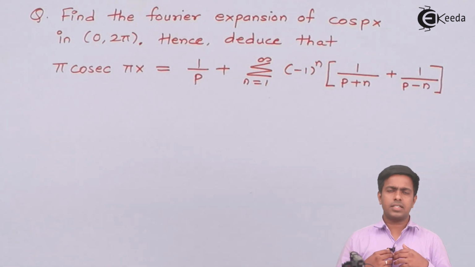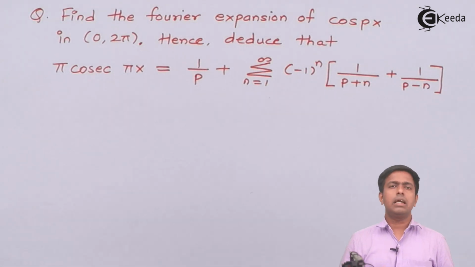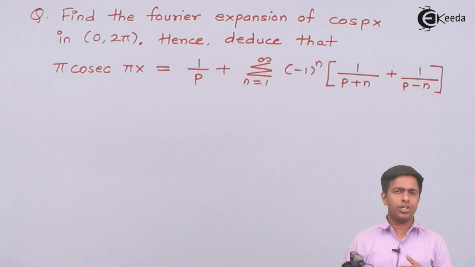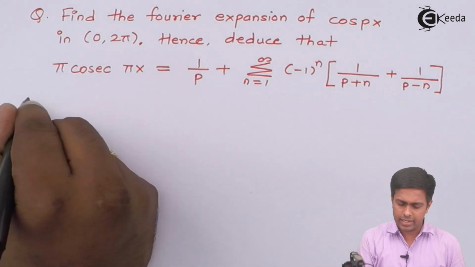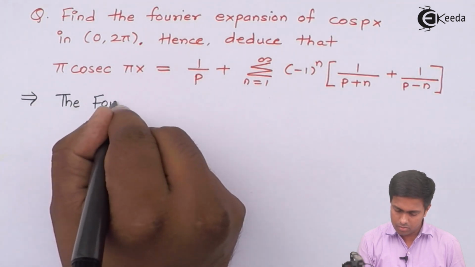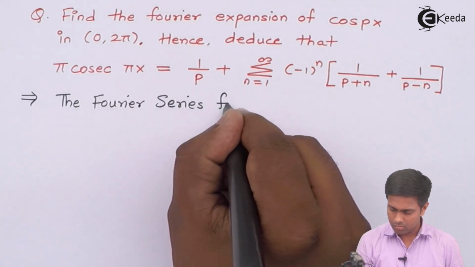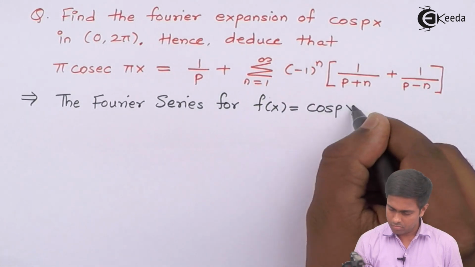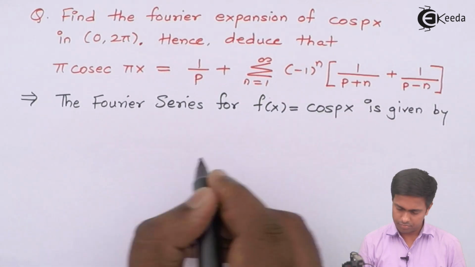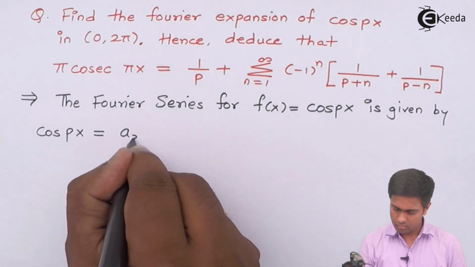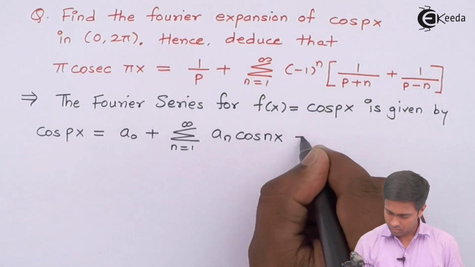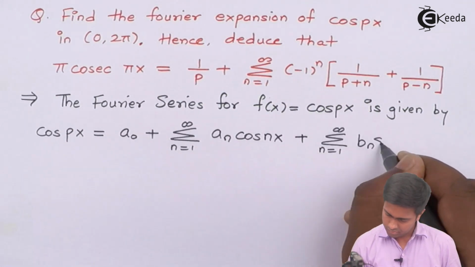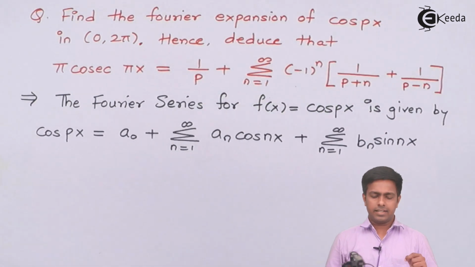Fourier series for any periodic function in 0 comma 2 pi in this interval is given by one formula, and I've already explained that formula in the previous video. So let's write down that formula. So guys, this is what the formula is.